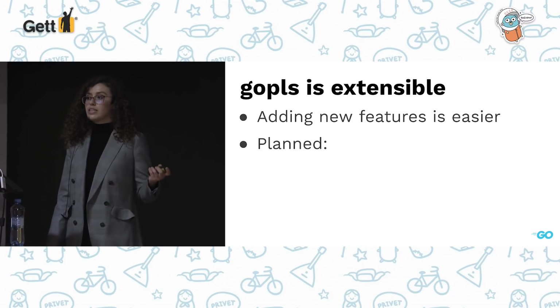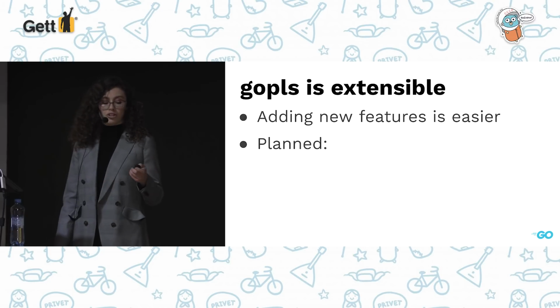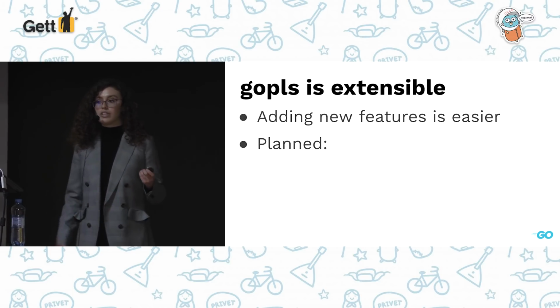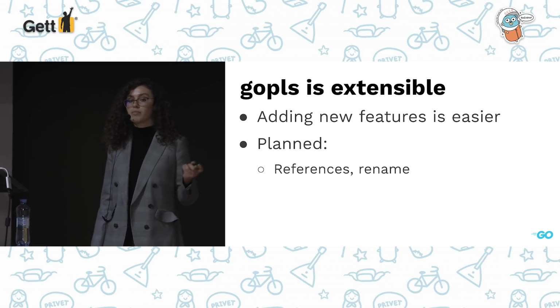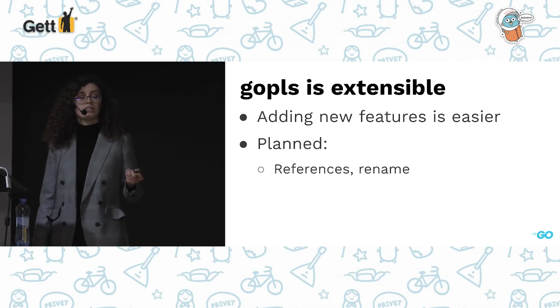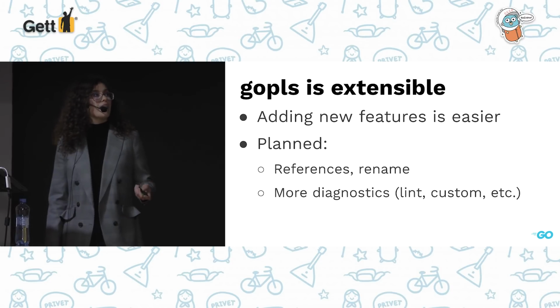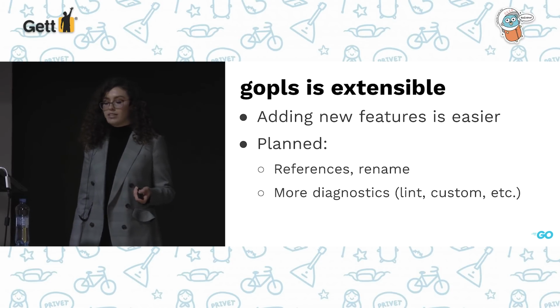I'll just give you an example of some of the features that are next on our list. We don't yet support references and renaming, but that is the next priority. We're also going to add support for additional diagnostics.